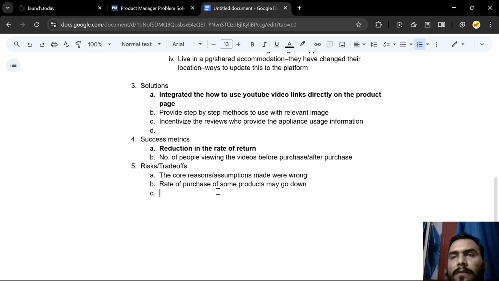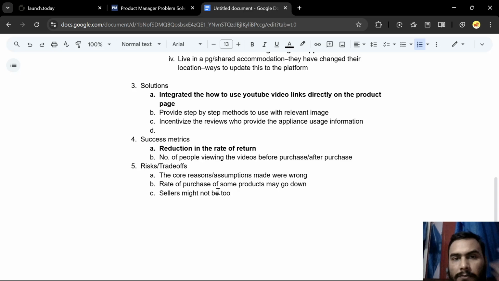And of course, the first risk would be that all the assumptions, the thinking and the analysis that we are doing may be wrong, and the solution design is all wrong because the initial assumptions about the user group and the pain points would all be wrong. What other risks can I think about? That sellers might not be too happy to see the rate of purchase go down.